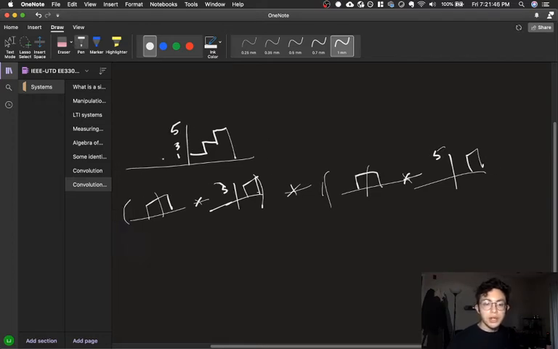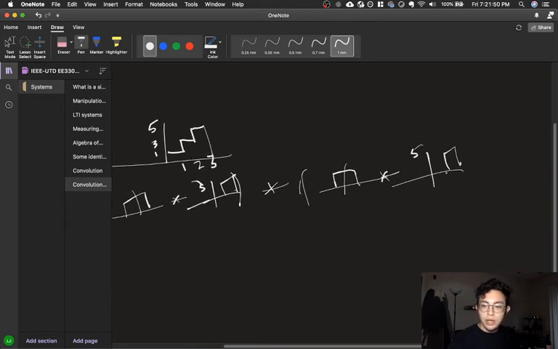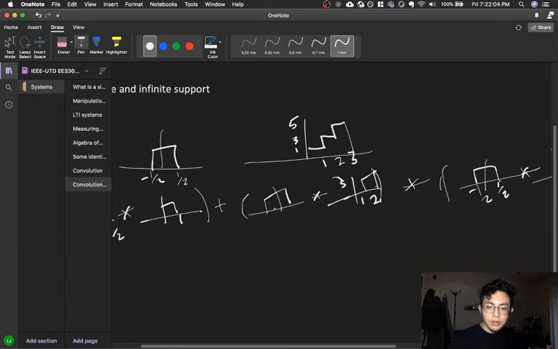So like, I know that these are from 1, 2, and 3. And this is from, so this is 2 to 3. This is 1/2, -1/2. This is 2, 2, 2, 1, 1/2, -1/2.